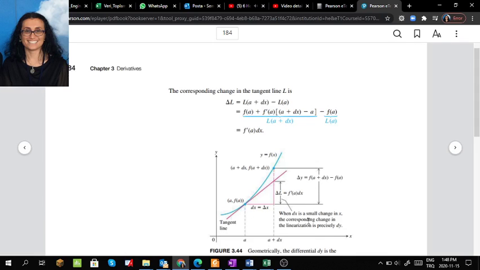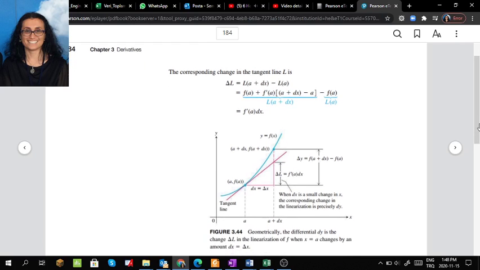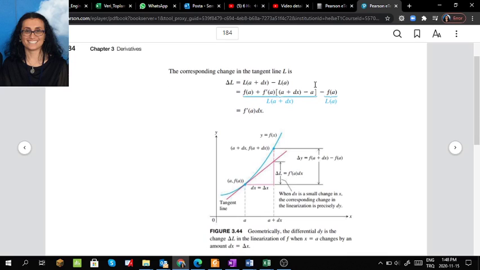Let's look at this graph, which is summarizing where it comes from. I'm going to tell you very quickly. You can talk about delta L, change in L. L is the tangent line.